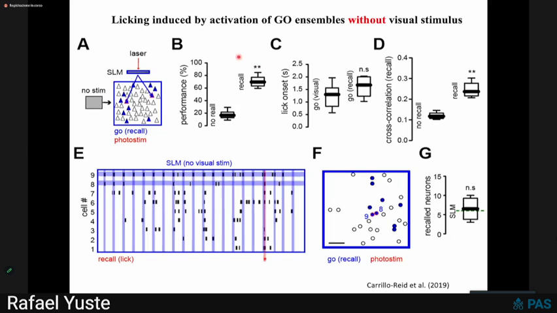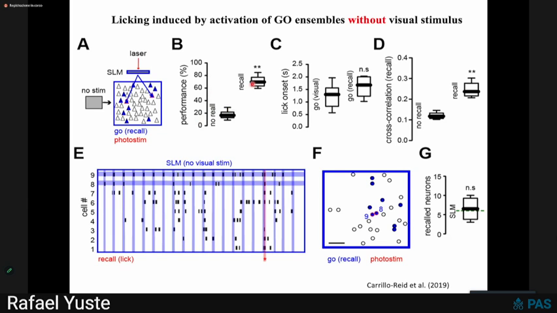So if you look at this plot, this is the performance of the animal, the licking, when we recall the ensemble using this optogenetic holographic method, and it's close to full performance, versus when we do not recall the ensemble.